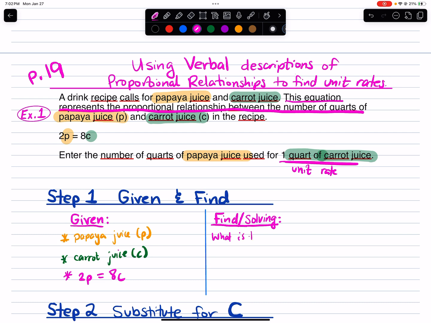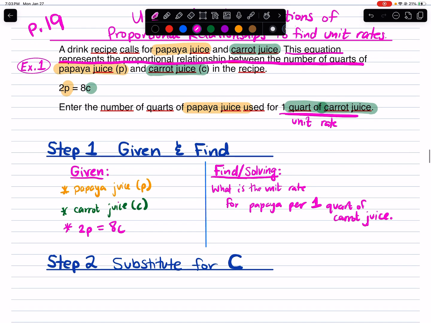What is the unit rate for, and here's the order, papaya per 1 quart of carrot juice? What is the unit rate for papaya per 1 quart of carrot juice? Question mark? That's what we're trying to find.